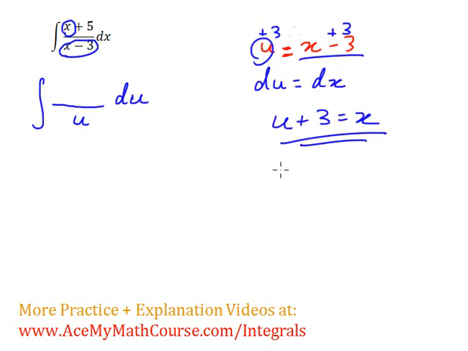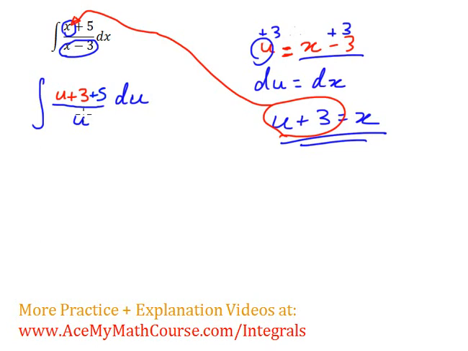So I'm just going to take the u plus 3 and replace it right there. So I'm going to get u plus 3 plus the original 5 over u du. Now 3 plus 5 is just 8, like we all hopefully know. So we have u plus 8 over u du.